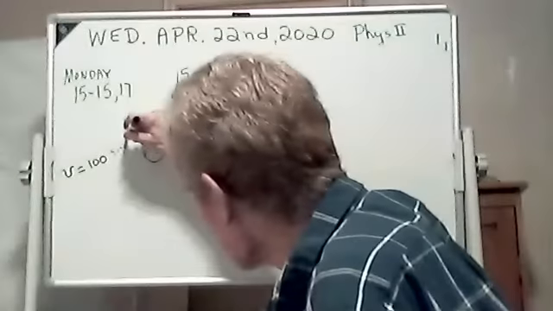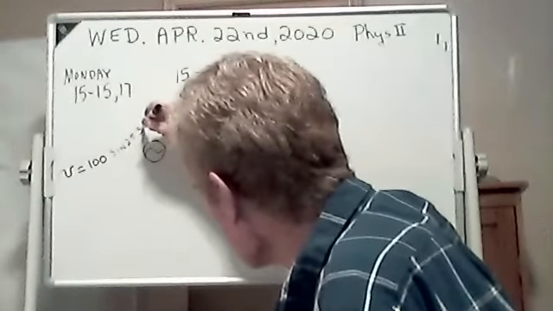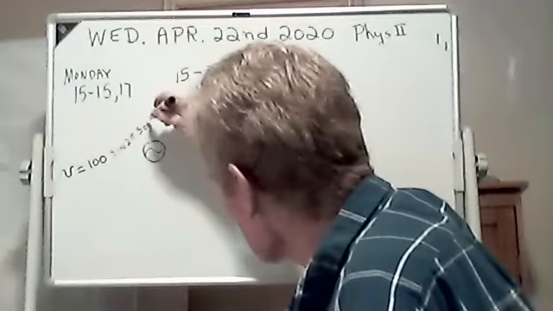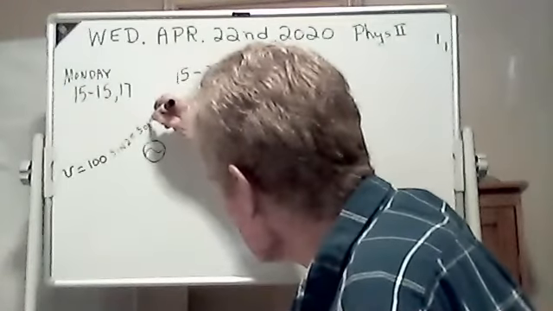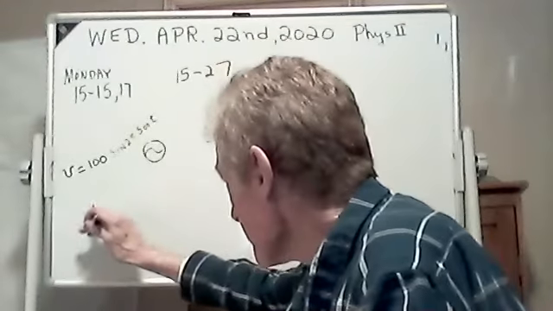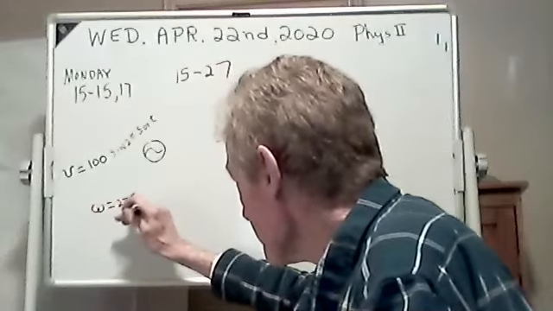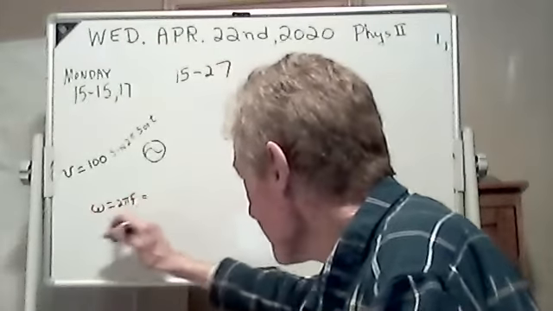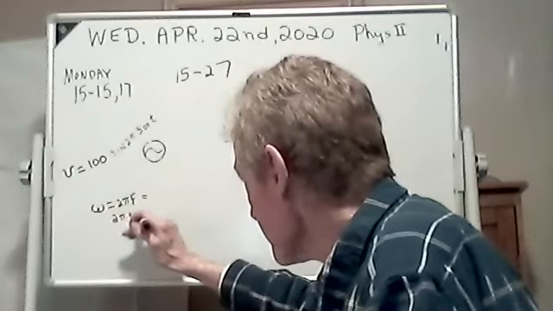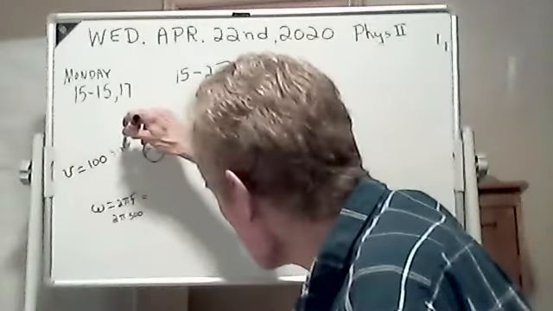So this would be 2 pi times 500 t. See, omega is 2 pi f, and if f is 500, then you have 2 pi 500, and so that's just omega t. That's all that is.